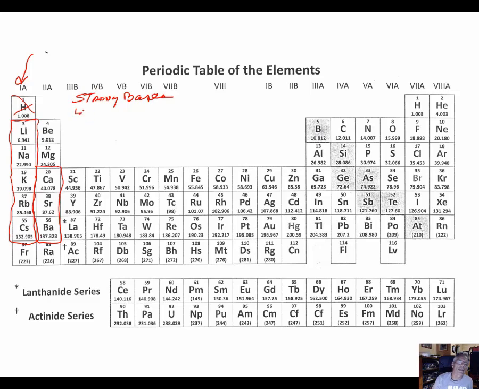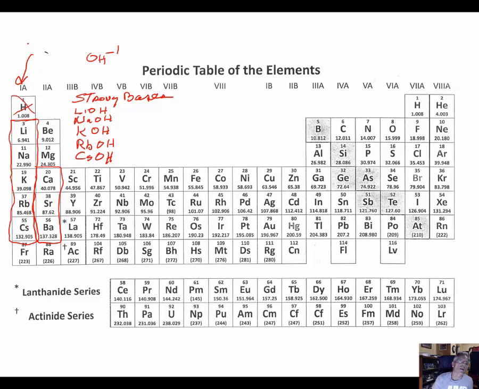So that's going to be lithium hydroxide, sodium hydroxide, and we're just going right down the list: potassium hydroxide, rubidium hydroxide, and cesium hydroxide. Now notice that hydroxide has a -1 charge.